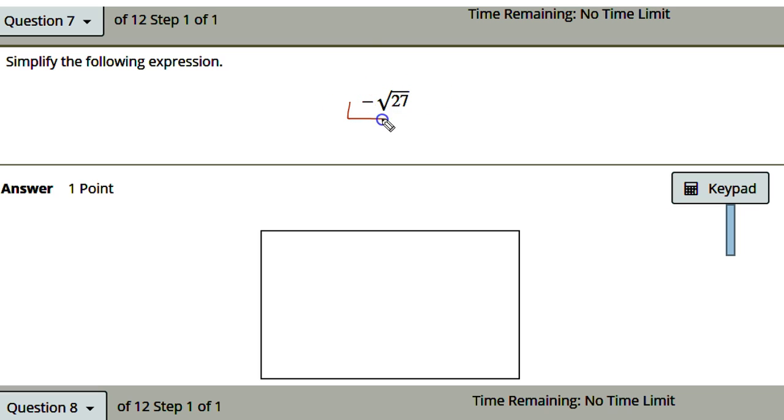Notice the way this is written as opposed to something like this. Now, in this case, this is a real number. This one is not a real number. So when we take the square root of 27, again, we're having a negative.